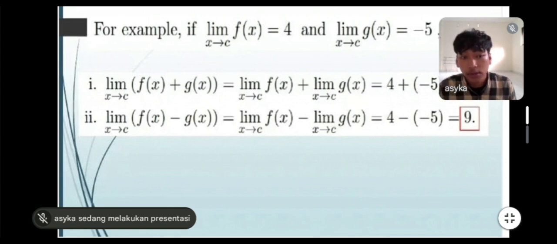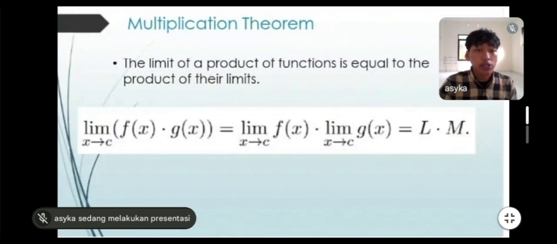And another example for subtraction. Limit x approaching c of f(x) minus g(x) equals limit x approaching c f(x) minus limit x approaching c g(x) equals 4 minus minus 5 equals 9. Multiplication theorem. The limit of a product of functions is equal to the product of their limits.